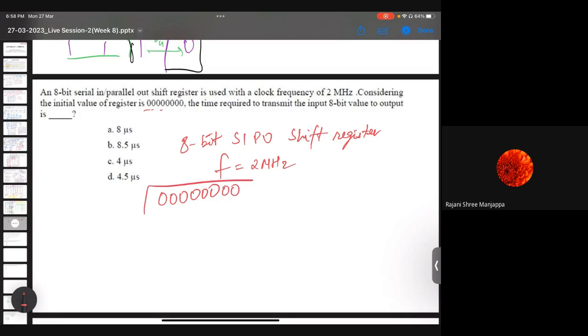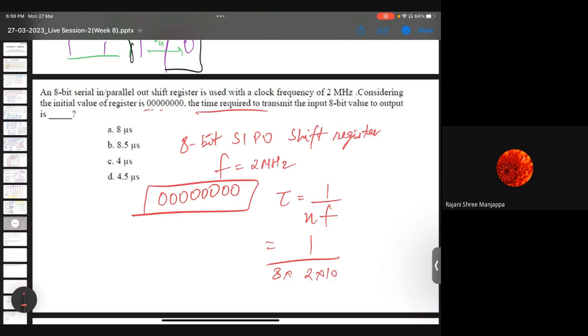So it is asking for the time required. The time required is the inverse of the frequency times the number of bits given in the question. This is a generic formula for a serial in parallel out register. So we'll just substitute the values.